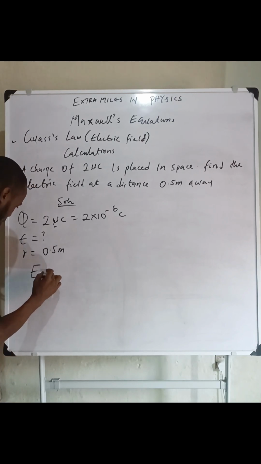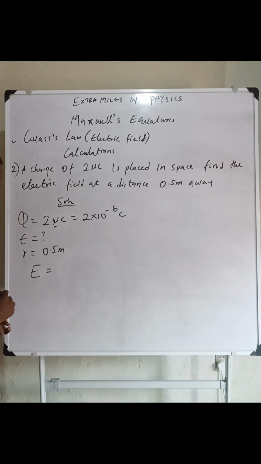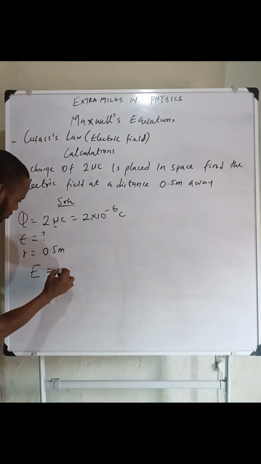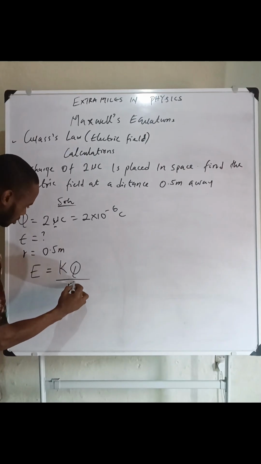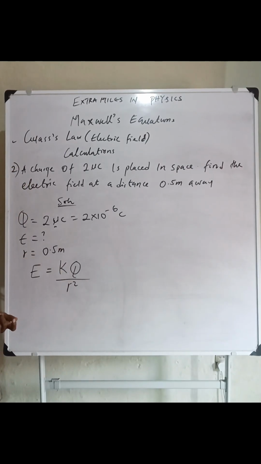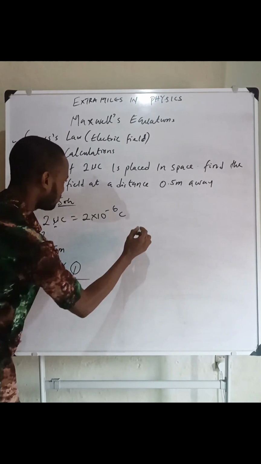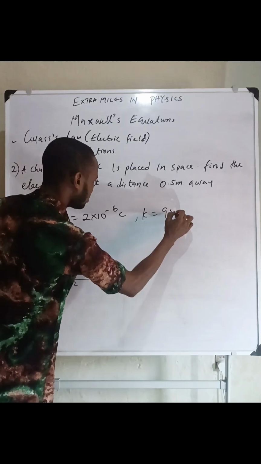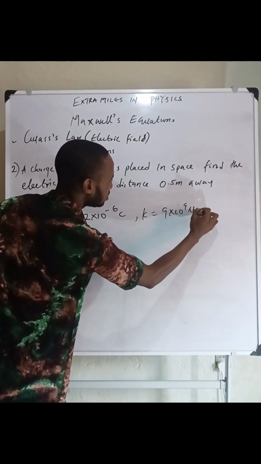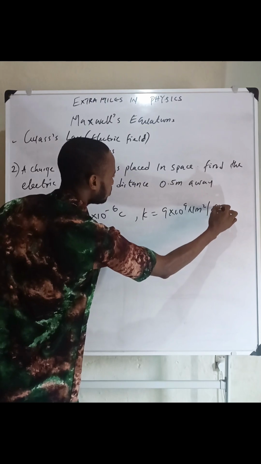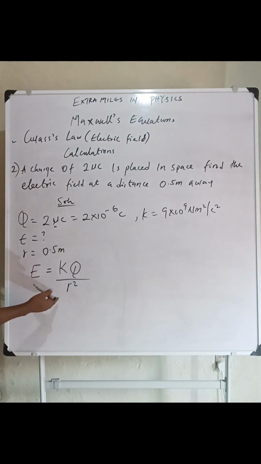So we have that our E here equals K times charge over R square. Now don't forget that K is a constant, 9 times 10 raised to power 9 Newton meter square per coulomb square.